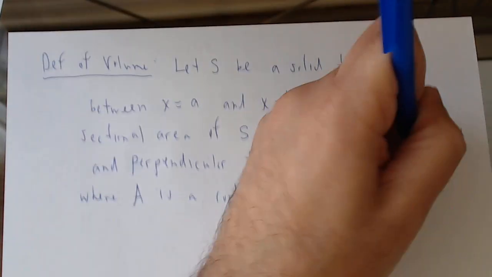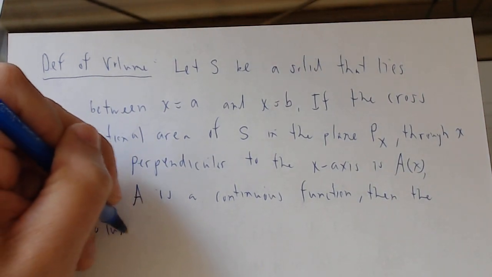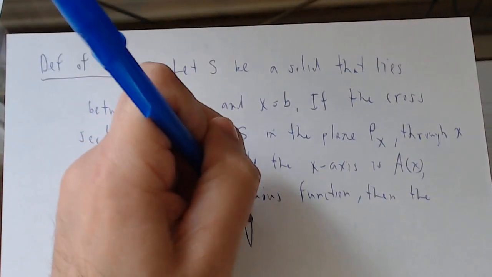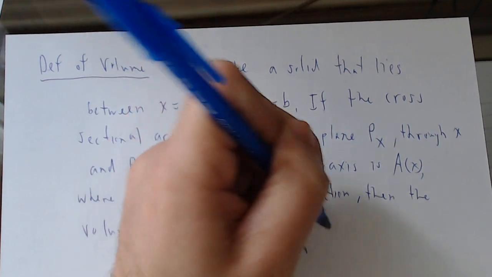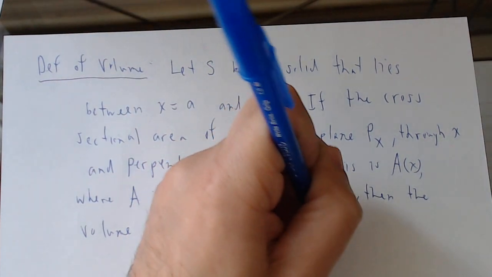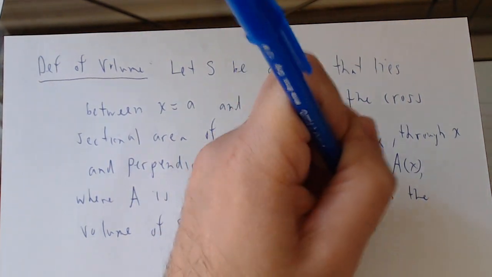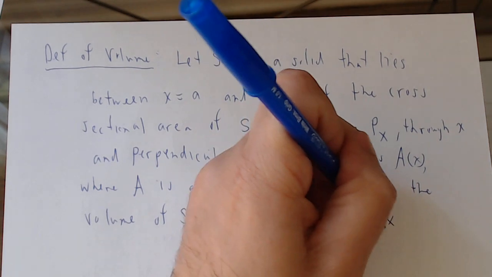then the volume of S is V equals the limit as n goes to infinity of the summation from i equals 1 to n of A of x sub i star times delta x. And if you notice, what is this?